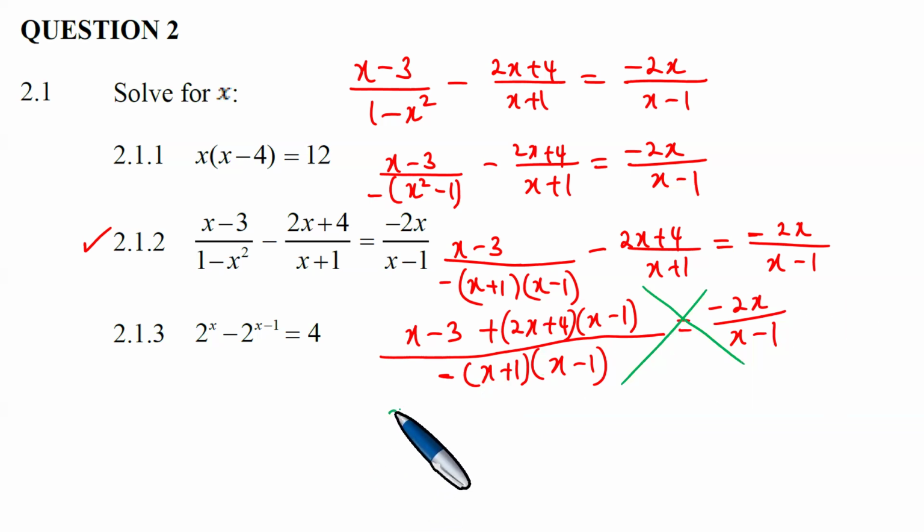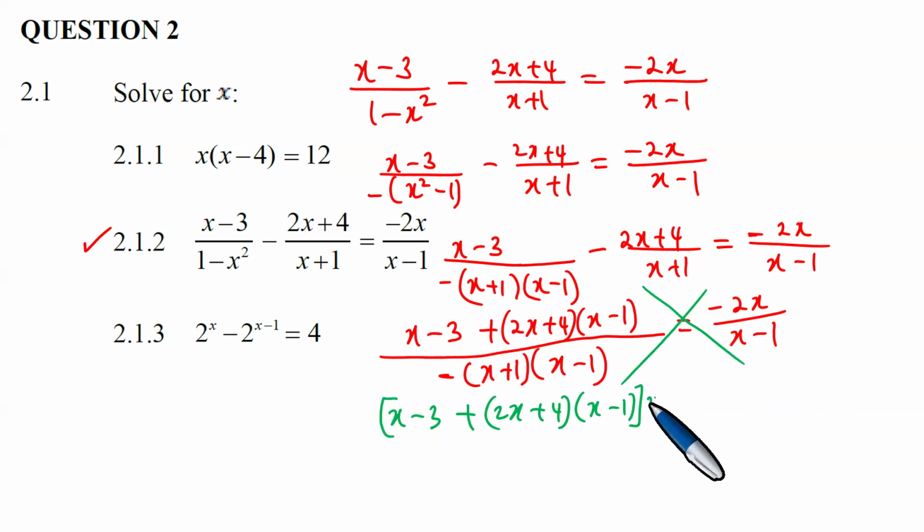Which means you're going to have x minus 3 plus 2x plus 4, and then x minus 1 if you cross multiply. This one is going to have x minus 1 here. This is minus 2x, and you multiply this with that. You can just multiply straight away.